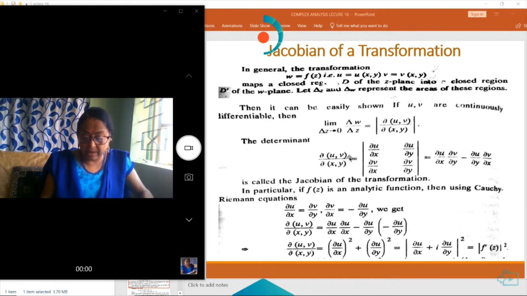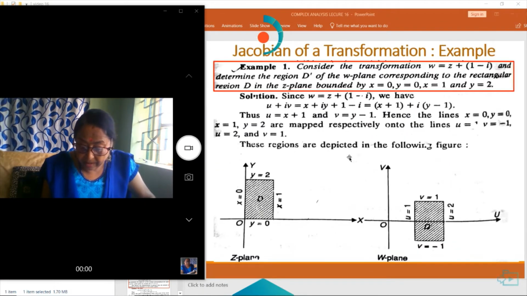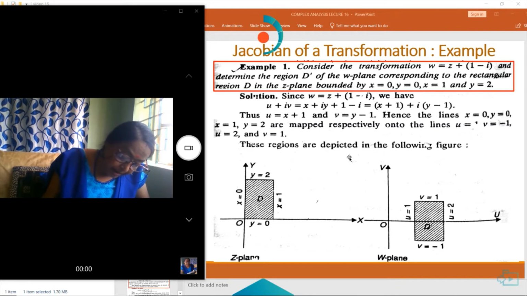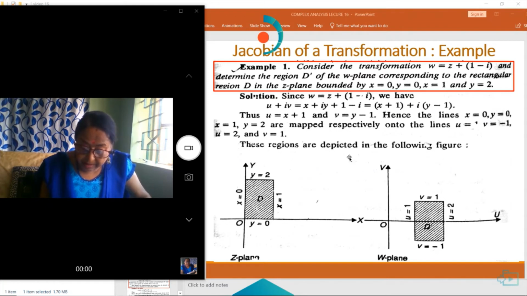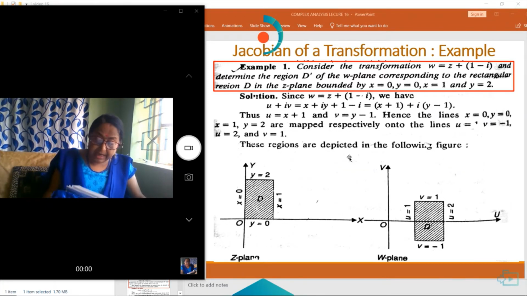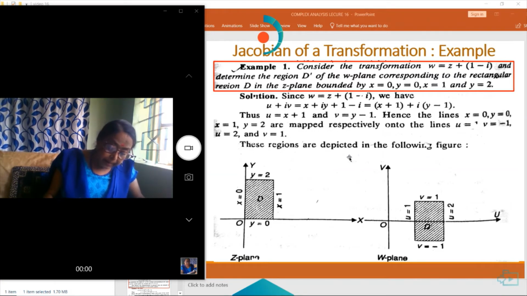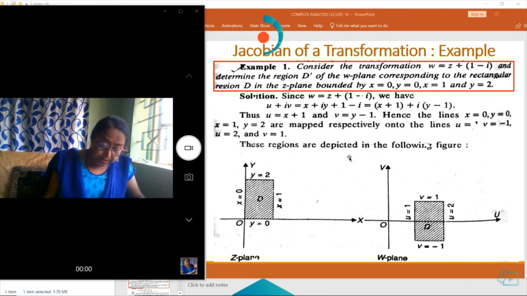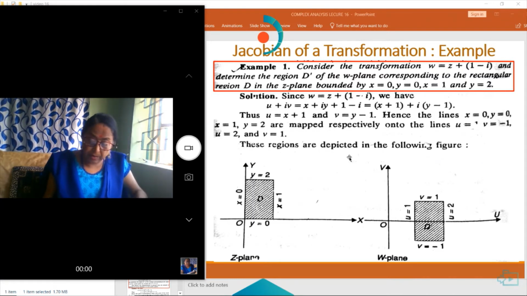Now, consider one example. Consider the transformation w equal to z plus 1 minus i, and determine the region D dash of the w plane corresponding to the rectangular region D of the z plane, bounded by the lines x equal to 0, y equal to 0, x equal to 1, and y equal to 2.